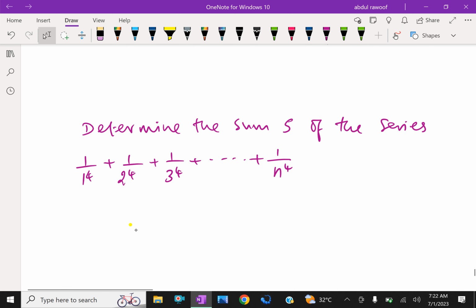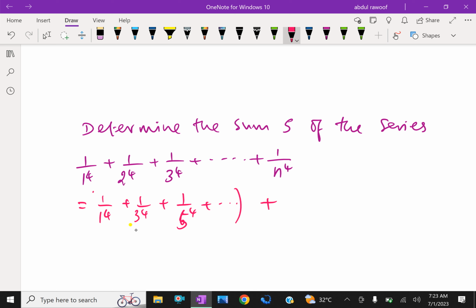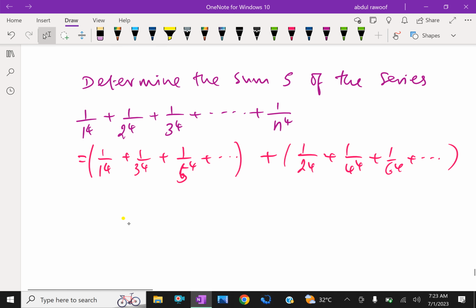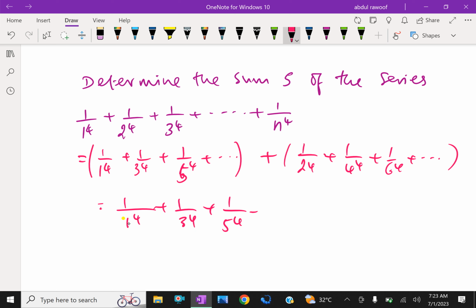We can get it, this one is equal to 1 by 1 power 4 plus 1 by 3 power 4 plus 1 by 5 power 4 plus 1 by 2 power 4 plus 1 by 4 power 4 plus 1 by 6 power 4, and so on.